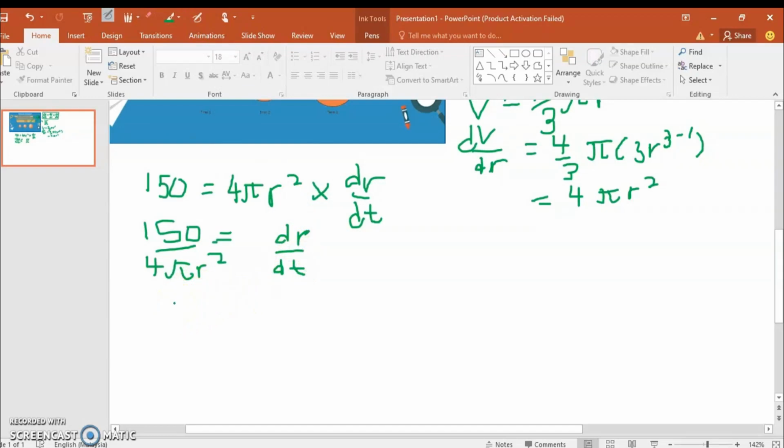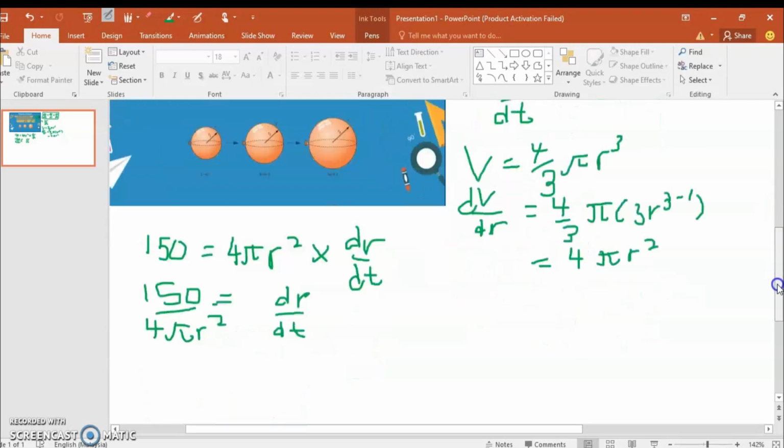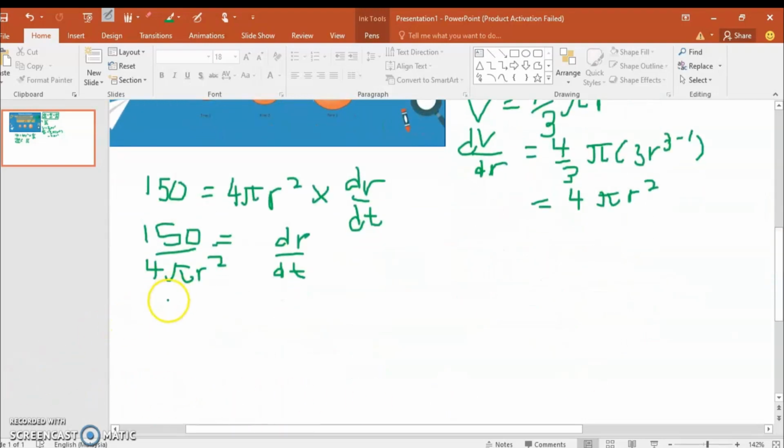Okay, look at the question again. When the radius is 6, we enter 6 in the formula.